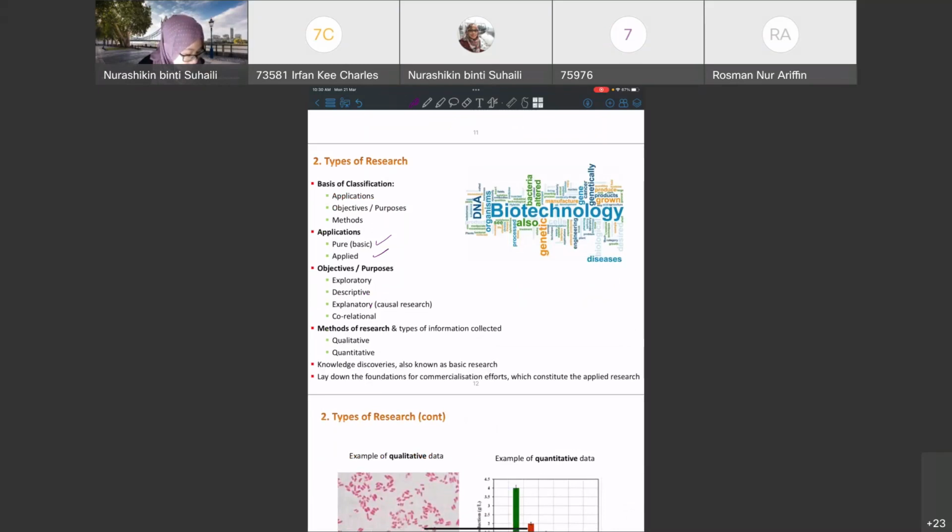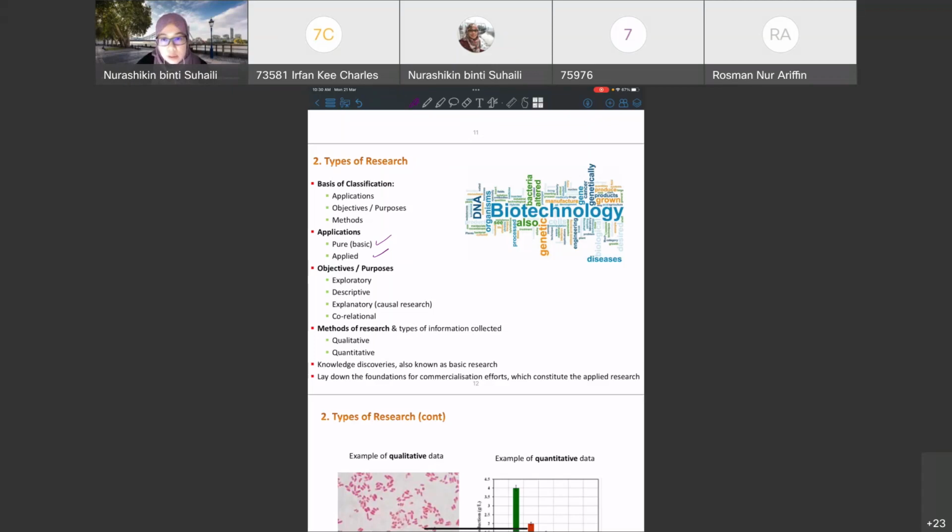Methods of research, objective purposes apa ni? Exploratory, descriptive, explanatory, correlational. Objective purposes. Okay, methods of research, qualitative, quantitative. So if let's say the research can be divided into qualitative. Qualitative means we are talking about the quality.